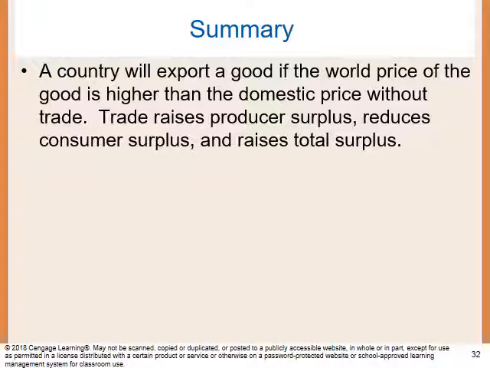In that case, the producer will produce more, and then they will export. Trade raises producer surplus, reduces consumer surplus, and raises total surplus. So when a country is exporting a good, the producer surplus will increase, but the consumer surplus will be reduced, and as a result, the total surplus will rise.